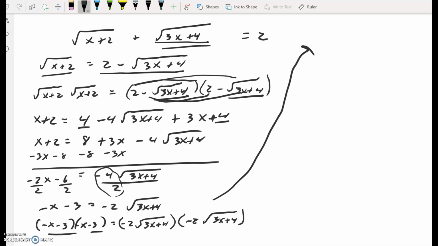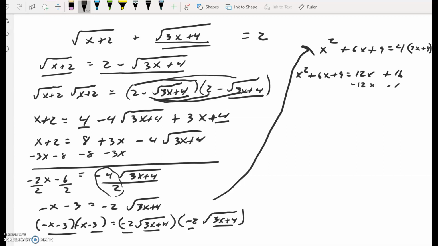And on the left hand side, doing FOIL or whatever, I'm going to have x squared, and then plus 6x, and then plus 9 equals, and on this side I get negative 2 times negative 2, which is 4, and then times 3x plus 4. So distributing on the right hand side, I get 4 times 3x, which is 12x, and 4 times 4, which is 16.